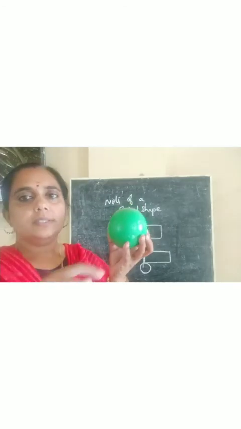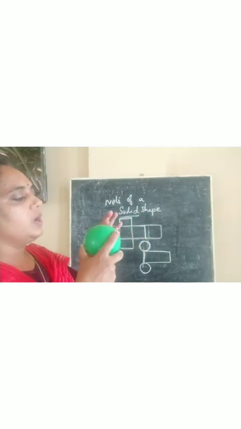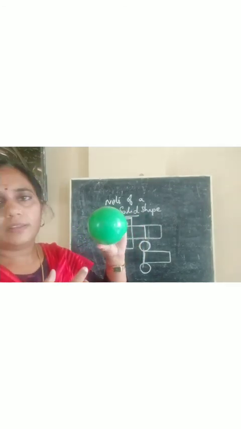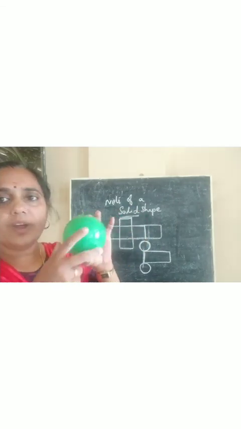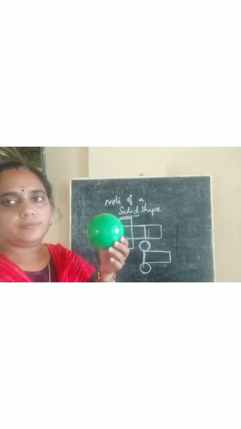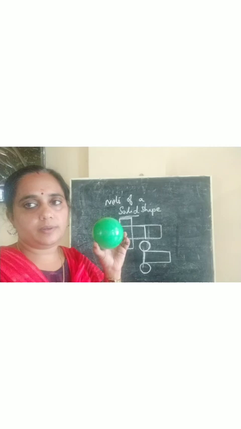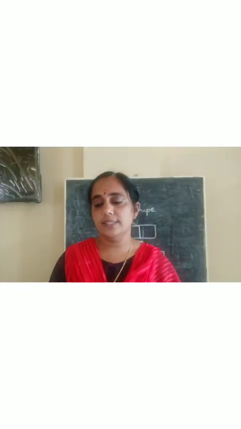This is a sphere. It has only one face. Clear? Sphere looks like a ball. I think now you got more ideas about these 3D shapes, that is solid shapes. Clear?